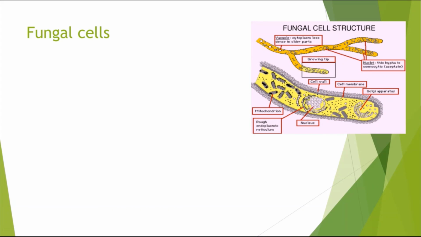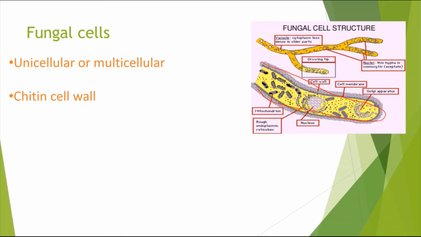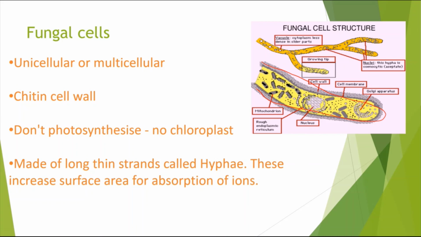So now the fungal cells. So this is an example of a fungal cell. They can be unicellular or multicellular, and they contain a chitin cell wall. So their cell wall is made of chitin, and they do not photosynthesize as they do not contain chloroplast. So what they do is they gain nutrients from other things, as they can't make their own food, and they're made of long thin strands called hyphae.